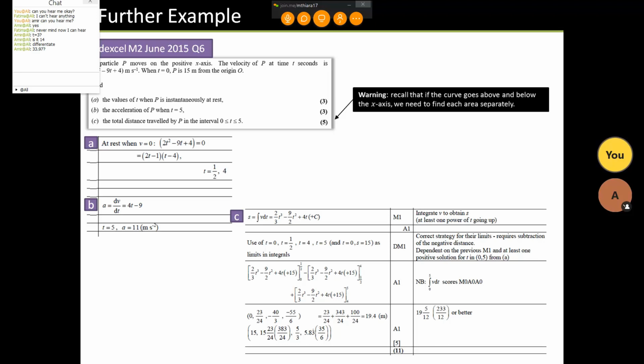Then you figured out what went wrong, looking at the mark scheme.